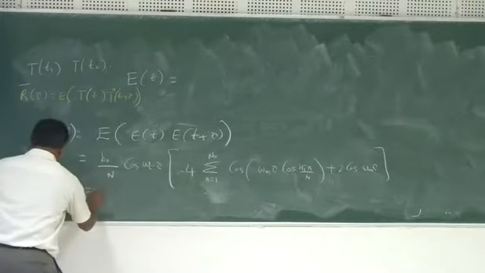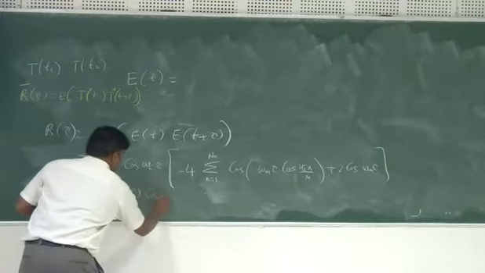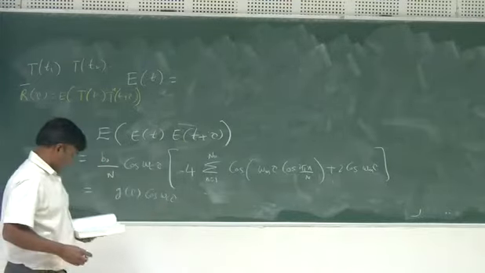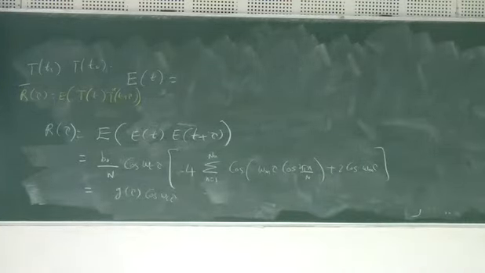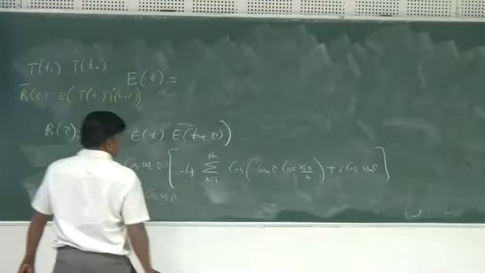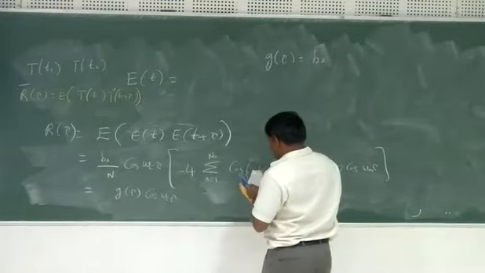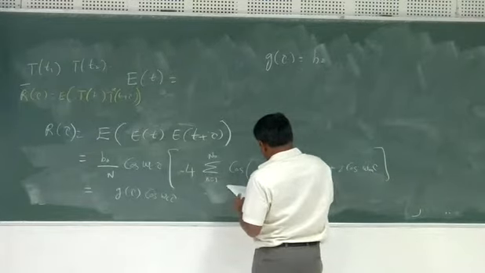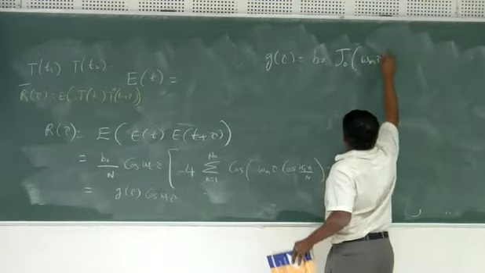This looks like some function g of tau multiplied with cos omega c tau. And this g of tau can be shown to be some constant B naught, Bessel function of 0th order, omega m tau.